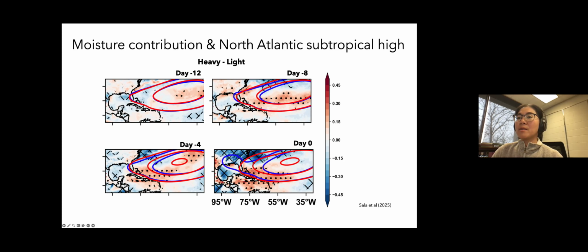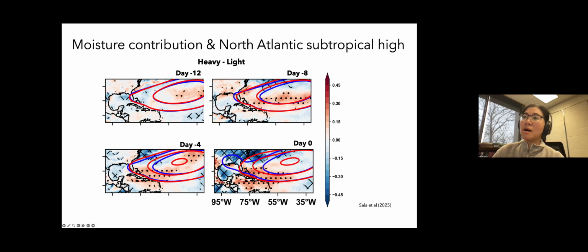At the same time, the western edge of the subtropical high is located relatively eastward compared to the light rainfall events, when the subtropical high western edge extends all the way into the southeastern United States, creating a high pressure over the land area, which prevents the oceanic moisture from being transported into the southeastern US, so it depresses the precipitation.